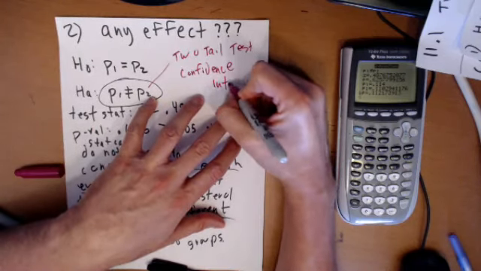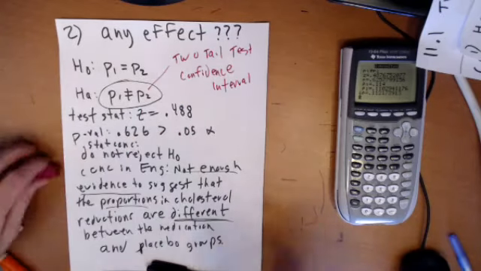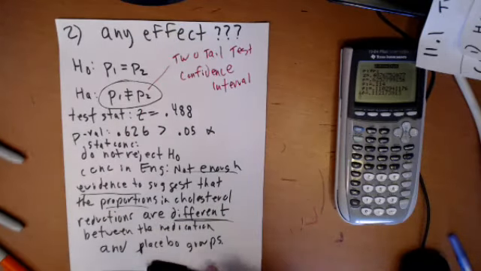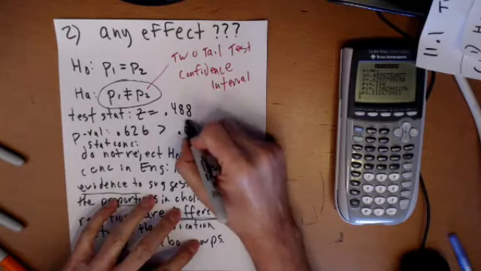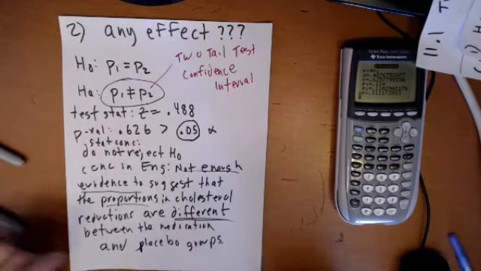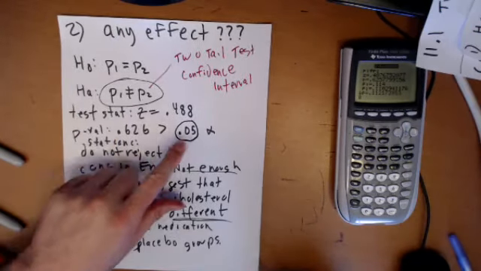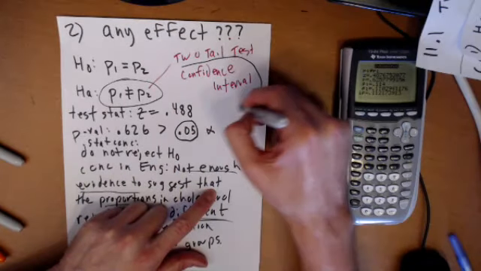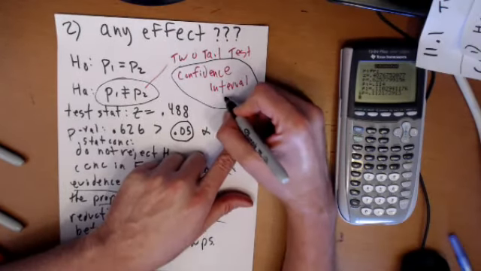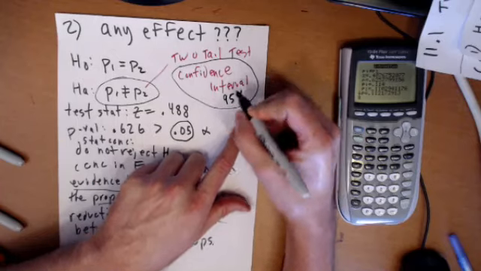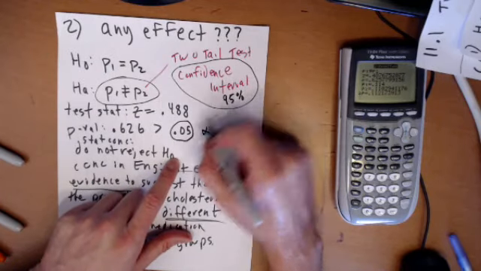Okay, so this one was alpha 0.05. Since this was a two-tailed test with 0.05, it was logically equivalent to a confidence interval of 95% confidence. You see how those two numbers have to add to 100%?